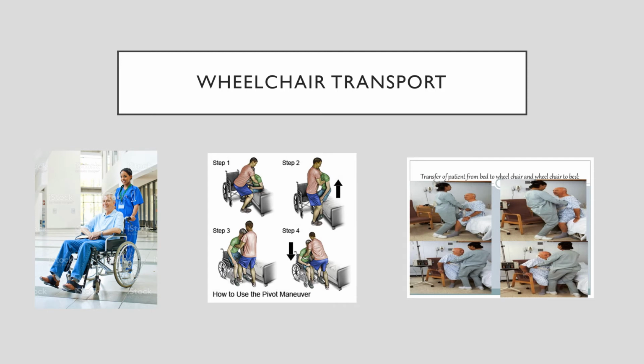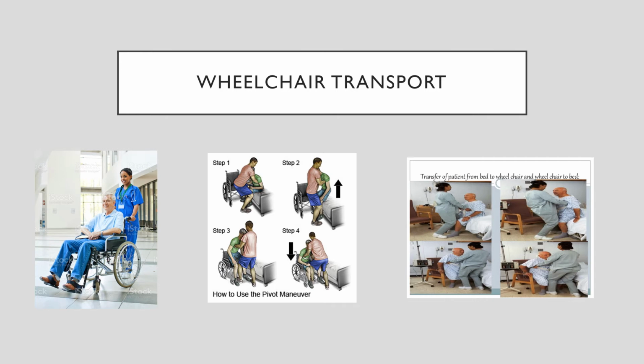We don't get gait belts as a gift in this program. But a gait belt is a belt that they put around the patient's upper chest, upper waist area, so that they can assist them in standing up or moving over.